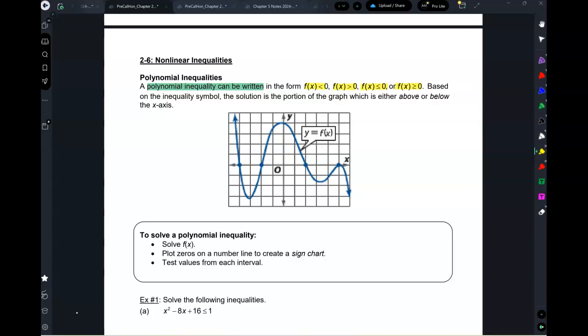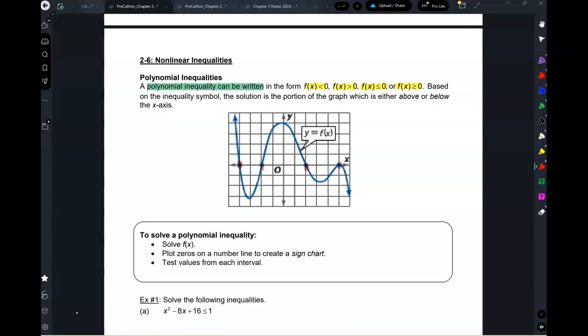If f of x equals 0, that means at that point the y value is 0. If f of x is greater than 0, it means when you graph the function, the graph sits above the x-axis. For example, take a look here. These are the x-intercepts. These are the values where f of x equals 0.